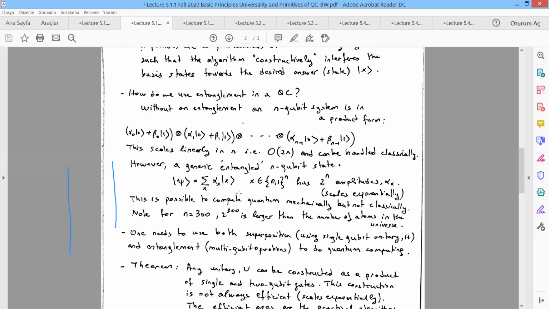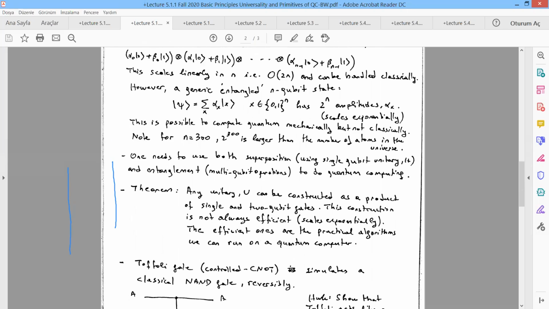And we were able to obtain Bell states using a Hadamard and a CNOT, which is a multi-qubit, 2-qubit operator. So we need both single qubit operators and a 2-qubit operator at least to perform quantum computing using the superposition and entanglement properties of quantum states.